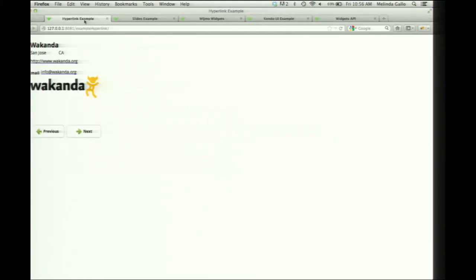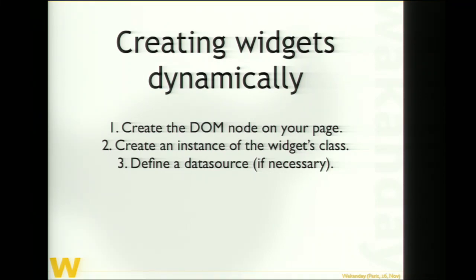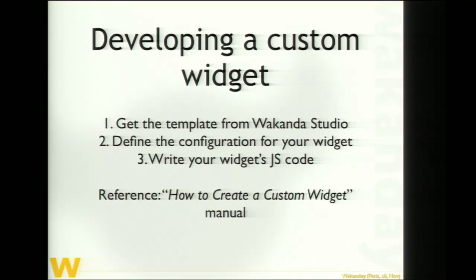Now, sometimes that may not be enough. You might want to create your own widget. So we actually wrote a manual on how to create your own widget in Wakanda. It's all in detail, so I only wrote a few things up here. First you need to get the template, which is a folder from Wakanda Studio.